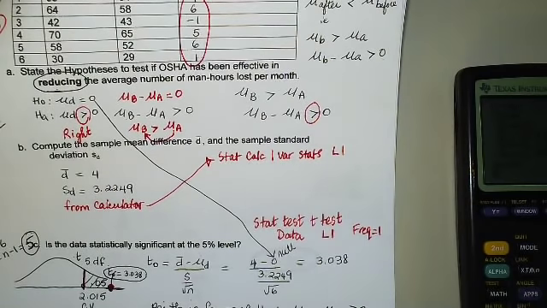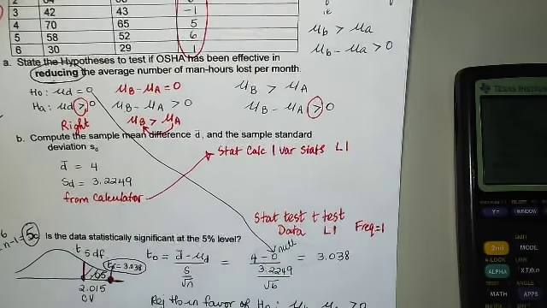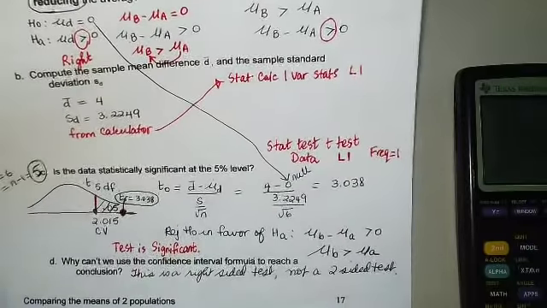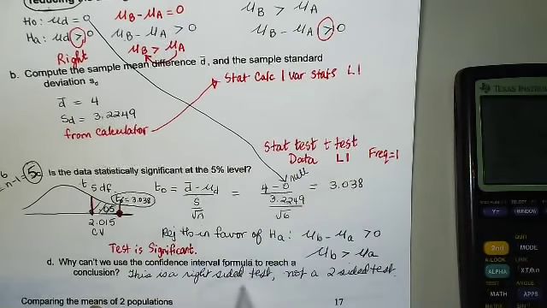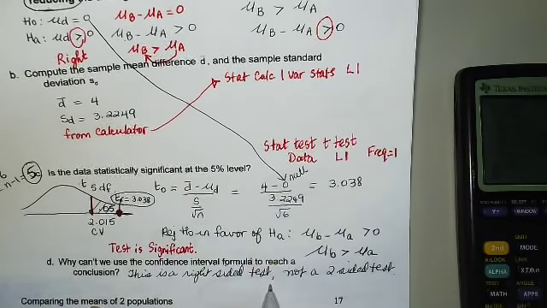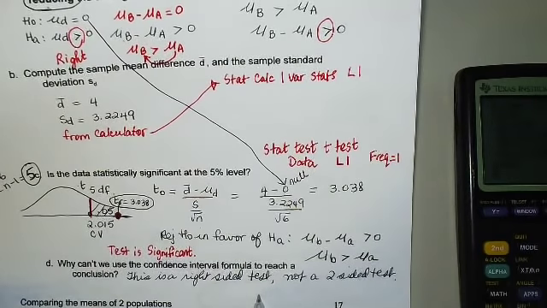So the test is significant. And in fact, there has been a reduction. That's what this is saying. Mu before is greater than mu after. So there has been a reduction in man hours lost per month.